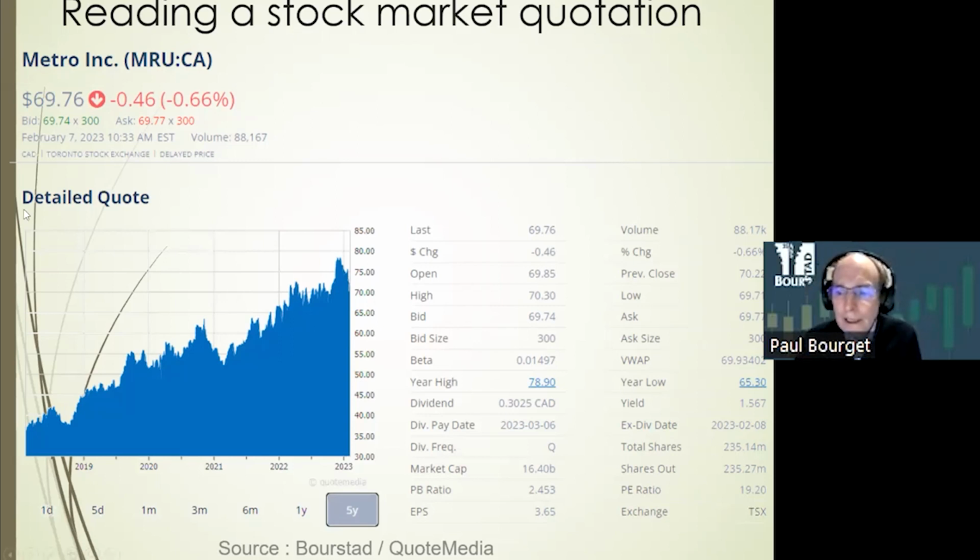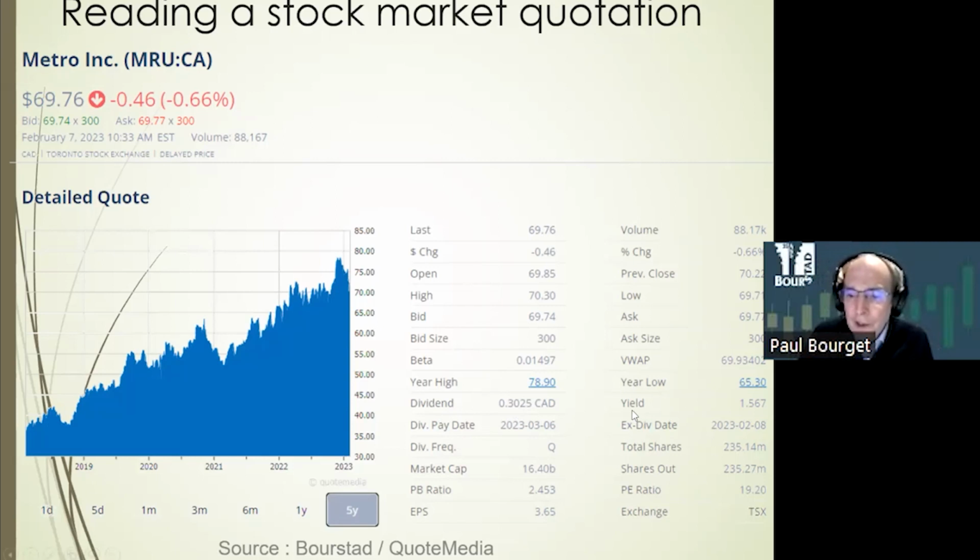We may also look at some other information on this slide. Metro is currently paying 30.25 cents as dividend per quarter. So it is paid 4 times per year, and it amounts to 121 cents as dividend per year.